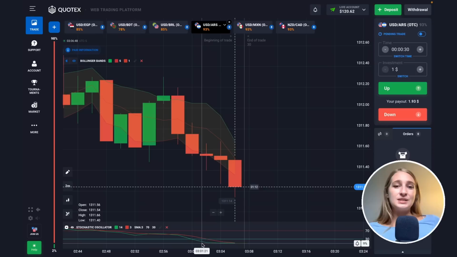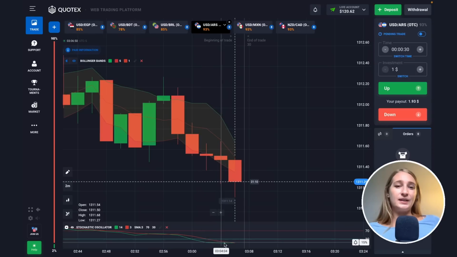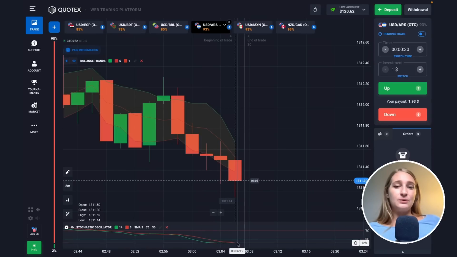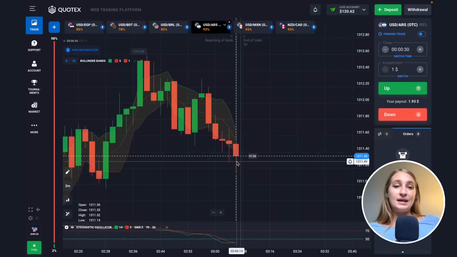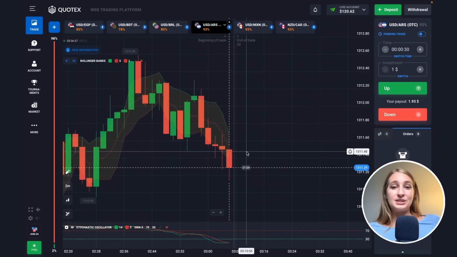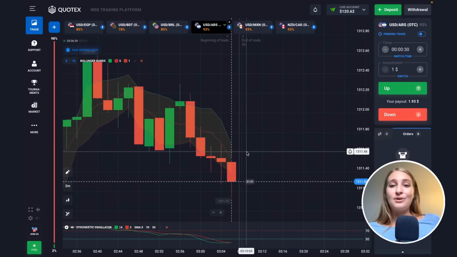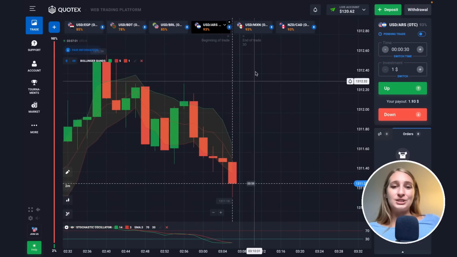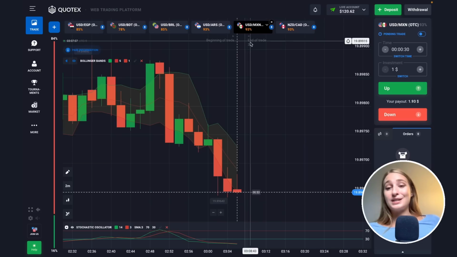Also you can see the stochastic oscillator is showing us that the trend is going to change its move, and it was a really cool decision for me to go with the option in this situation. So let's go to the next currency pair with 93% payout, and I'm really excited.